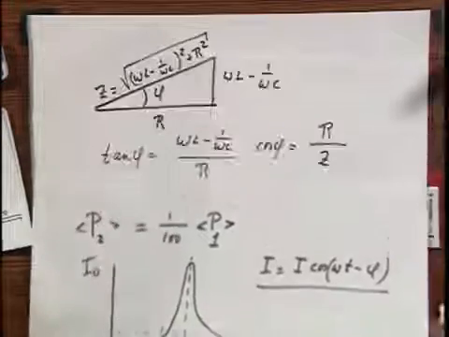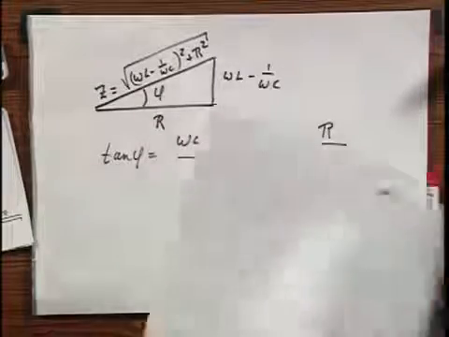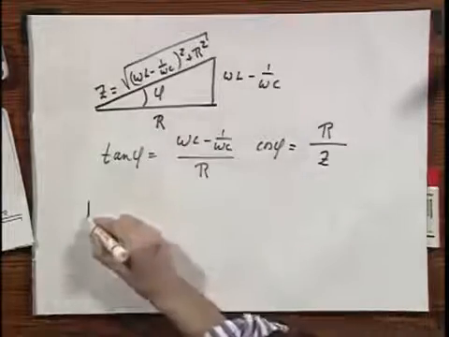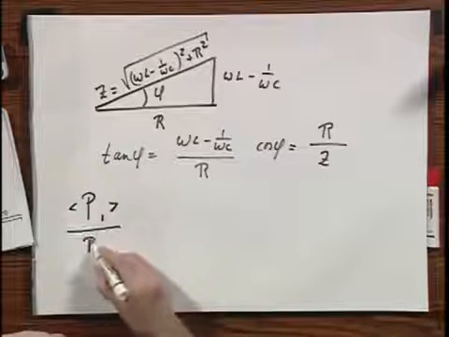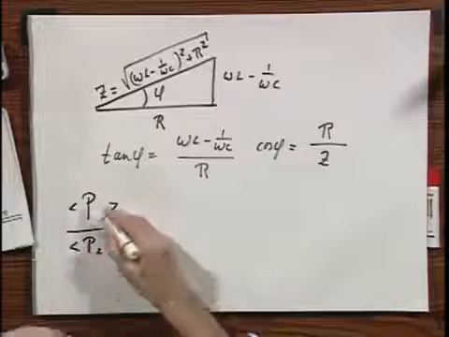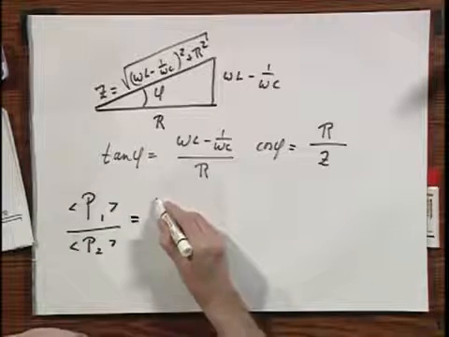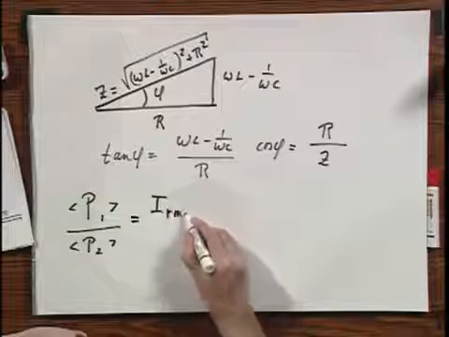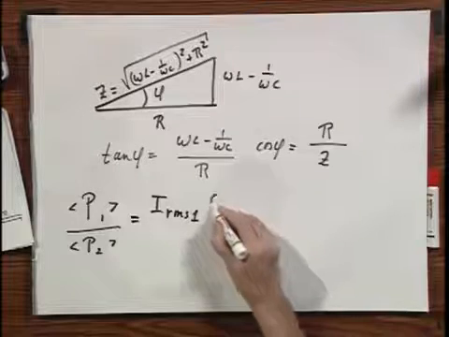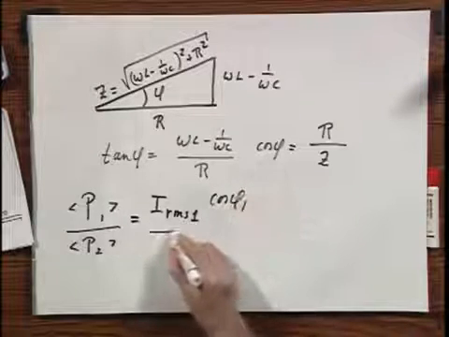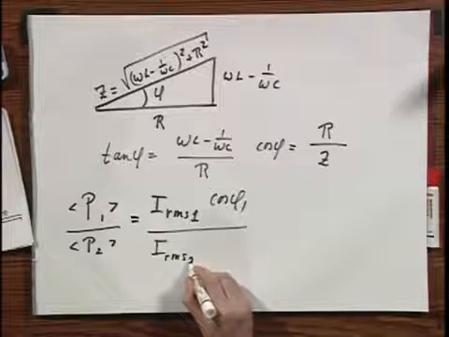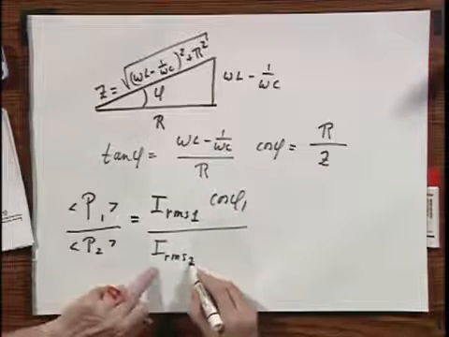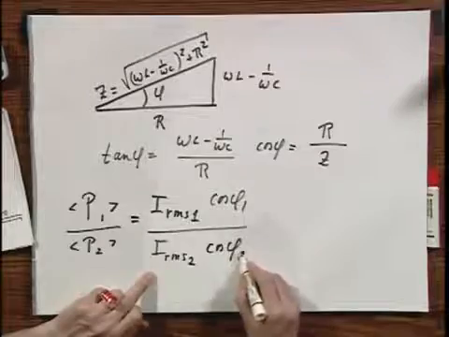So now, how about the power ratios? The power ratio of the mean values would be I RMS circuit 1 cosine phi 1 divided by I RMS, station 2, times cosine phi 2.